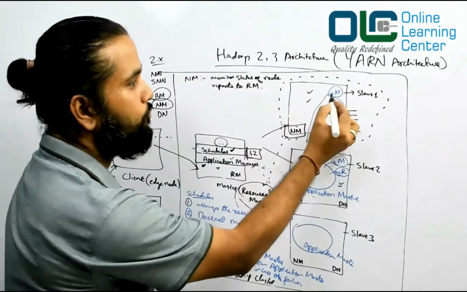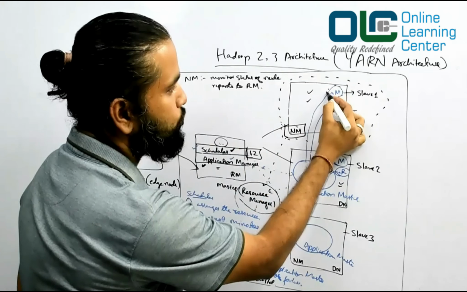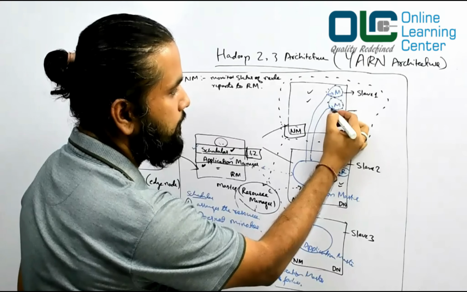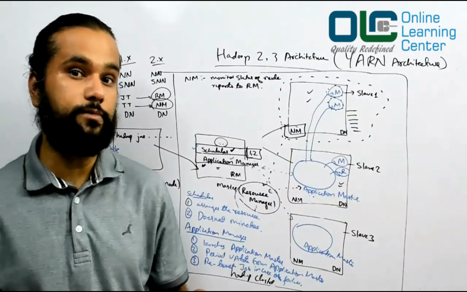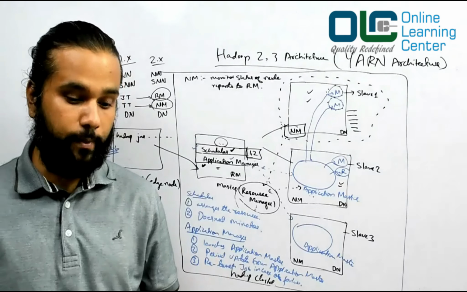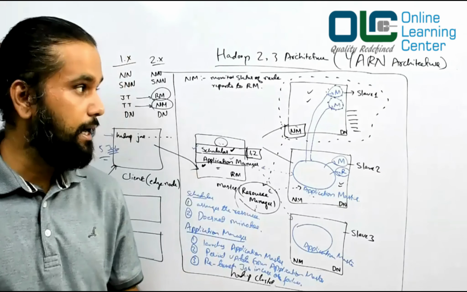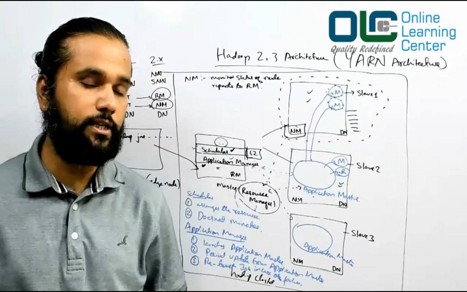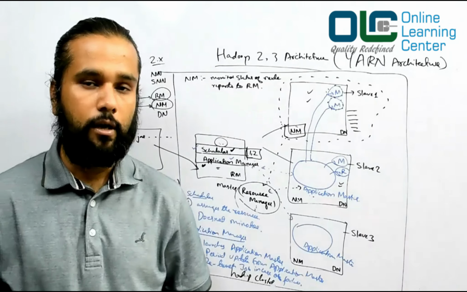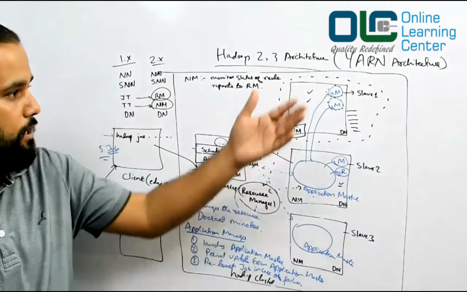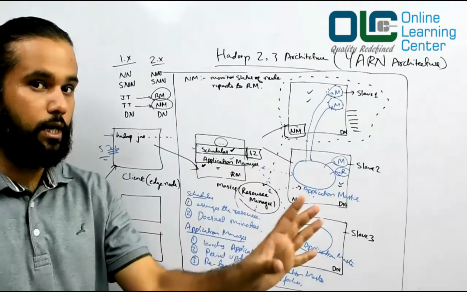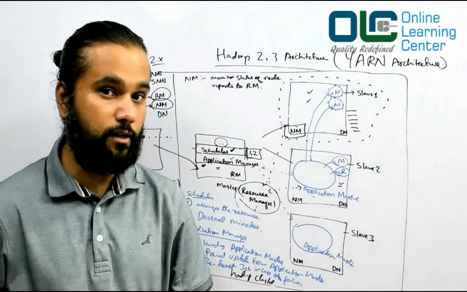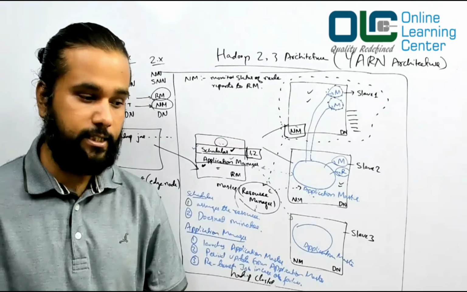The container would be started, and as I said, the containers are basically JVMs. They are basically the virtual environment wherein the job will run, and that is where the whole process would be executed. It could be a Spark job, it could be a MapReduce job, anything. So the container is basically a virtual machine wherein your job gets executed.